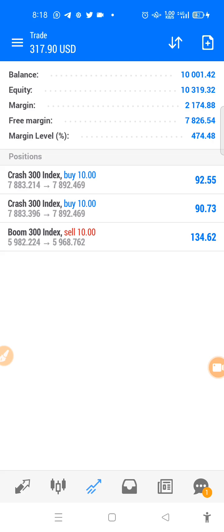One tick is 1 minute. By 8:20, it will reach 7895.94 point something. Compared to any other index, it will not move the same way as Crash 300 and Boom 300 do.